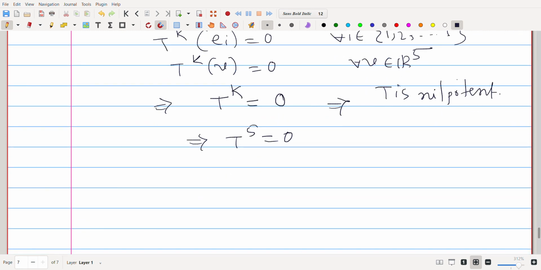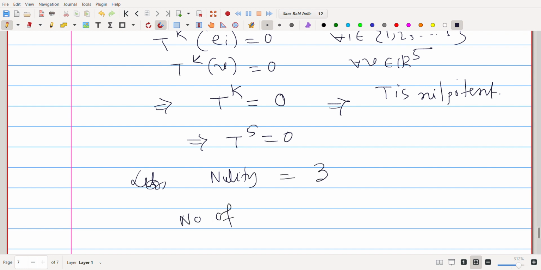Right? Okay. Now you will use the Jordan canonical form. How do you use that? T power 5 is 0 and nullity equals 3.